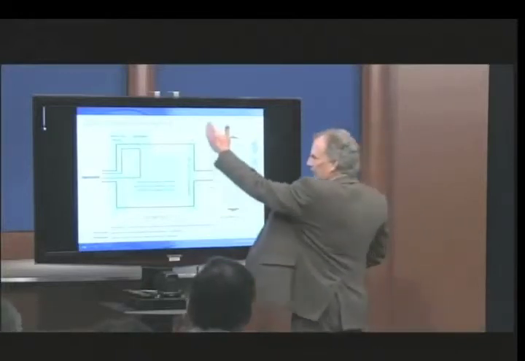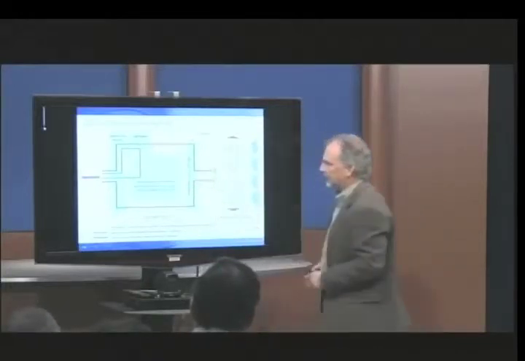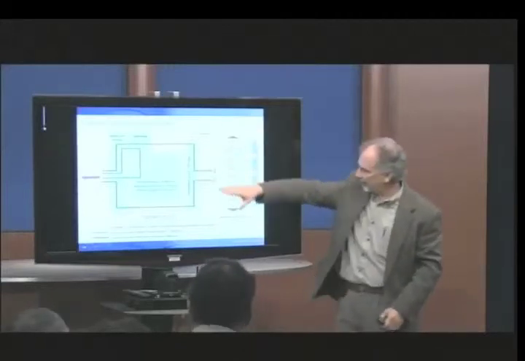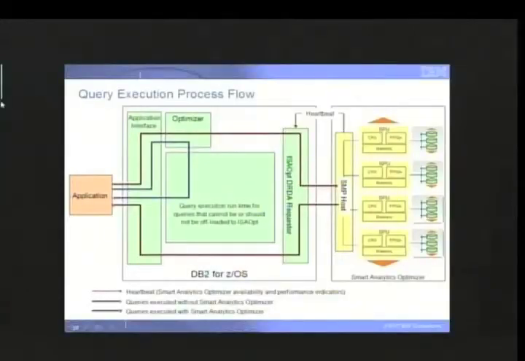Let me just talk about the right side of this picture. Ignore the left side for the moment. This is the inside of the IBM DB2 Analytics Accelerator with the Netezza technology. We don't want to call it Netezza, for reasons I'll explain in a minute. But if you look at it, within this snippet processing unit, you have a CPU and an FPGA.